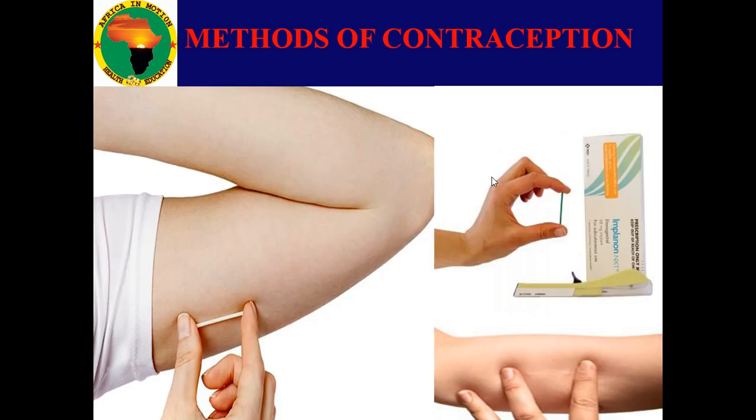This is how it looks. It's not big, it's very small, and the insertion does not take many minutes. You approach a trained healthcare worker who knows how to do it. He will put it in for you, and you can see it under the skin when it is placed, and it will continue to release hormones progressively.